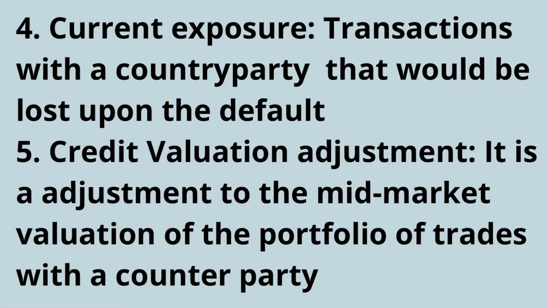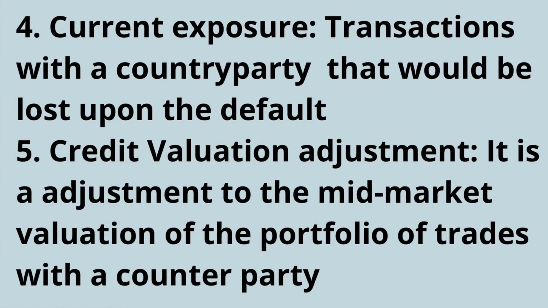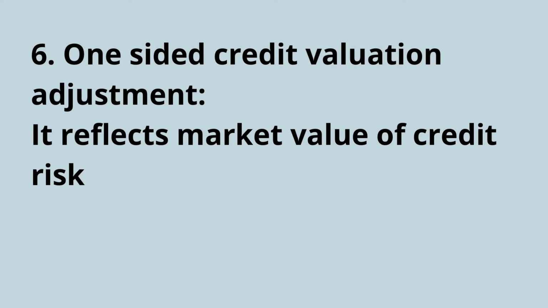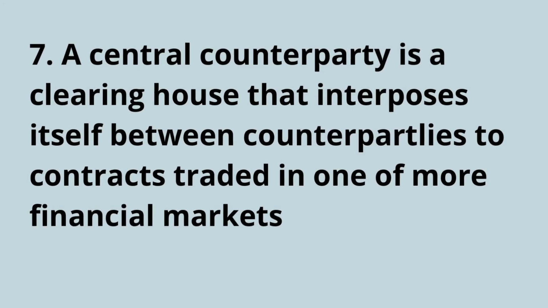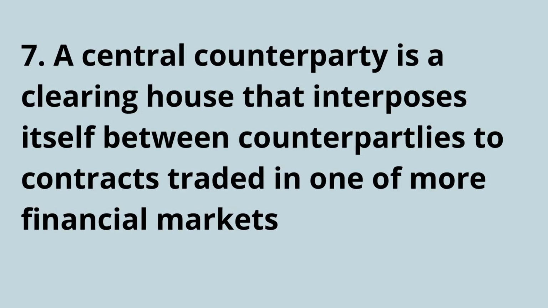Next one, credit valuation adjustment. It is the adjustment to the mid-market valuation of the portfolio of trades with a counterparty. Next one, one-sided trade valuation adjustment. So basically it reflects the market value of the credit risk of the counterparty of the firm. Central counterparty.